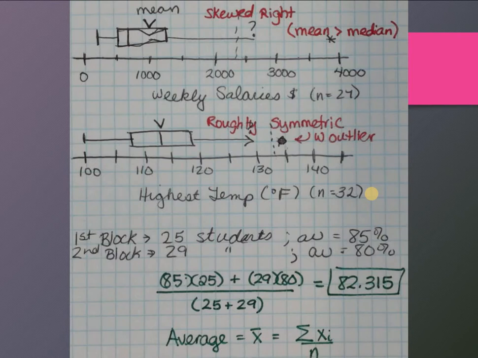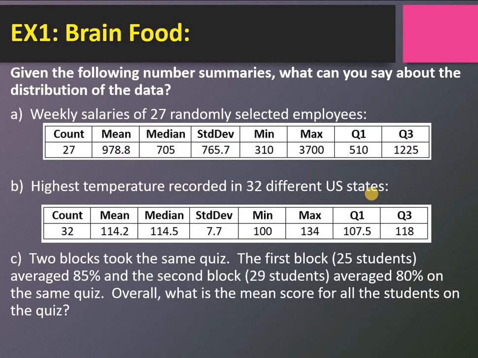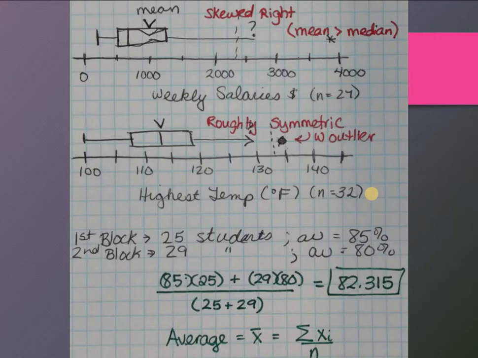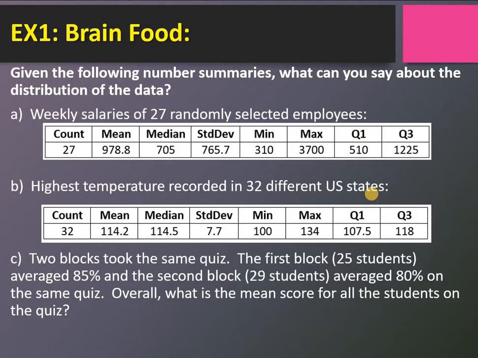So if I were to describe this, I would say shape, skewed right, with a center, my median, at, what was the median for that? $705, because we're talking about salary, with a, since it's skewed right, range from $510 to $1,225. And I would say there appears to be an extreme outlier with the person making the maximum salary.